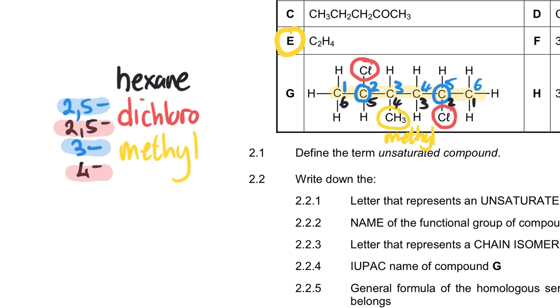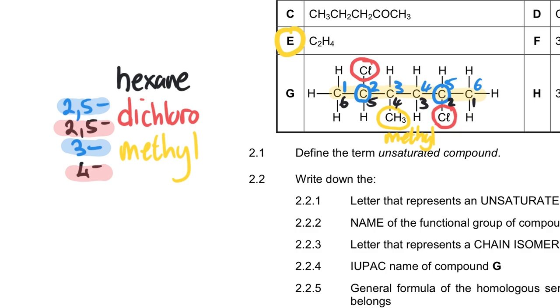So 2, 5, and 3 is a set of 3 numbers that are either equal to or smaller than the set of numbers from right to left. So right to left, we've got 2 and 5 and 4. The difference is that from left to right, the methyl is described by 3, but from right to left, it's described by 4. And so therefore, we are going to number from left to right, because that provides the set of number descriptors that are lower.